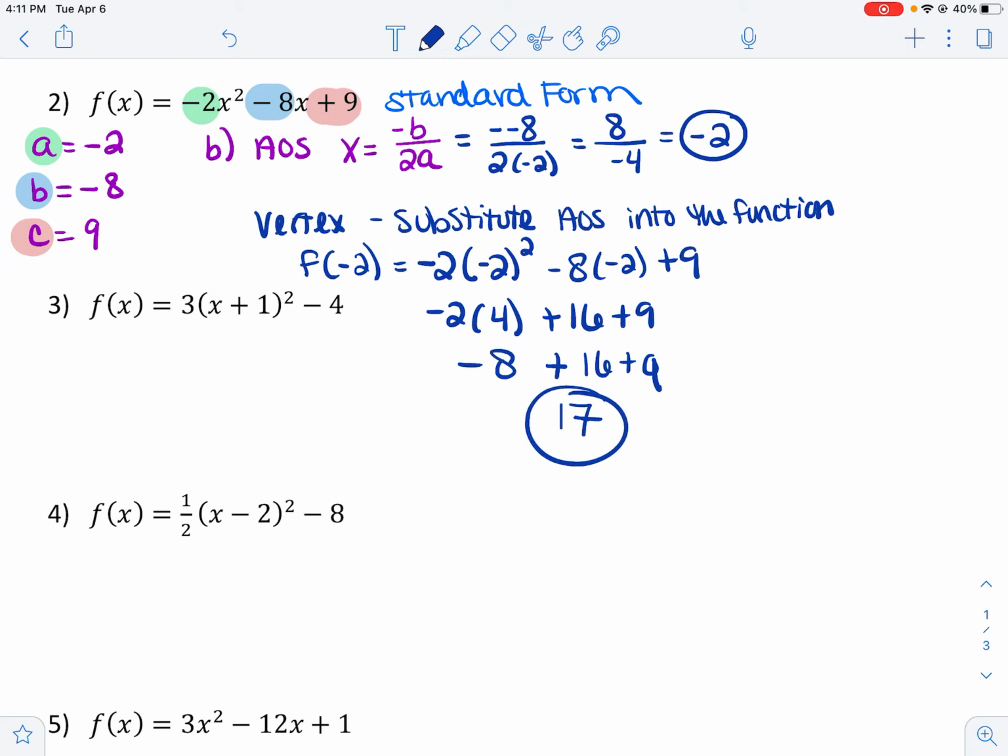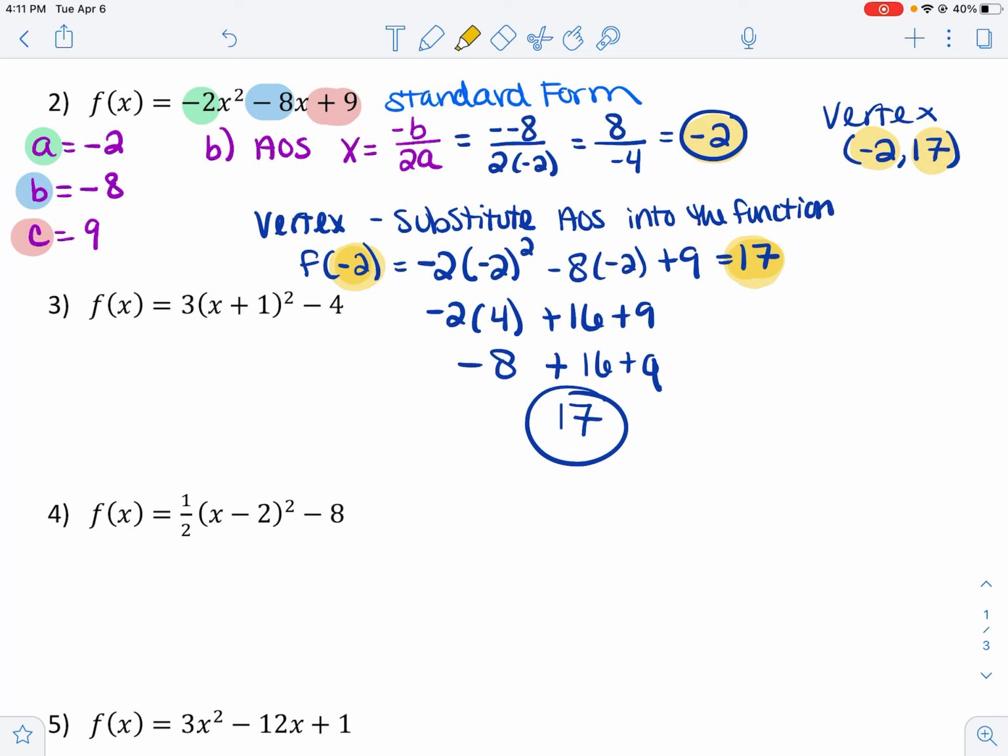So f of negative 2 is equal to 17. That is the y value of my vertex. So the vertex is actually the point (negative 2, 17). So the x value comes from the axis of symmetry right there, and the y value comes from substituting that in.